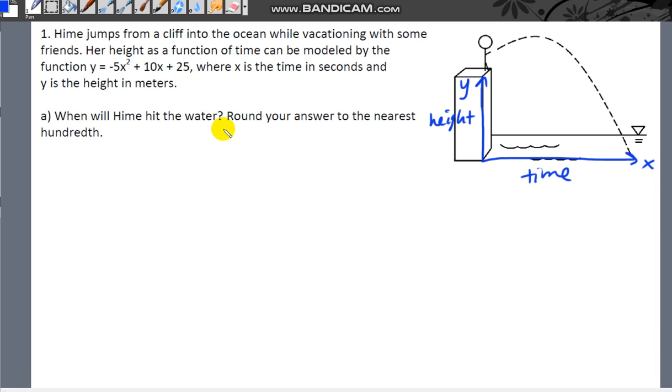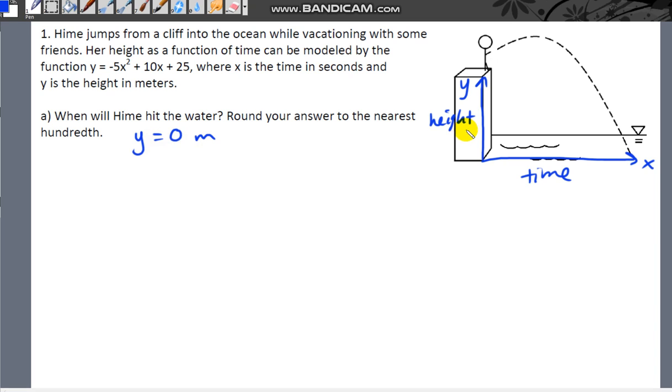So when will Hime hit the water? Let's just assume that at sea level, the ocean, she'll start at 0 meters. So that is when she would actually hit the water, which is y equals 0 meters.